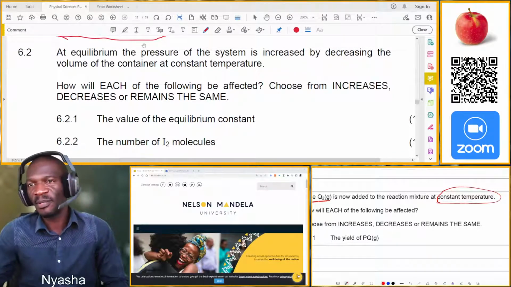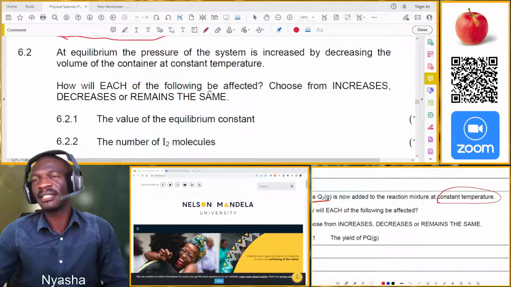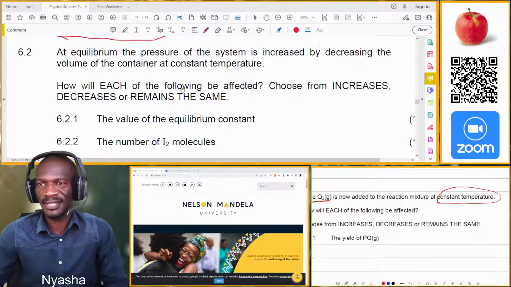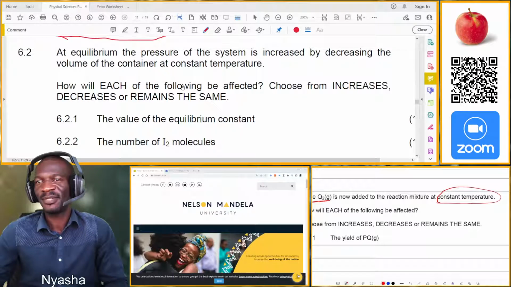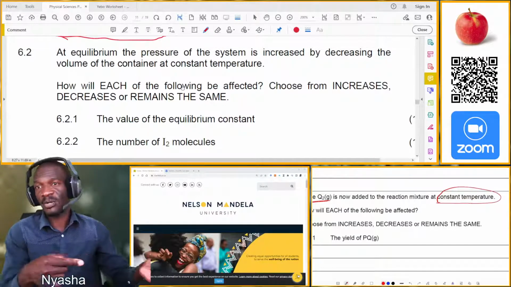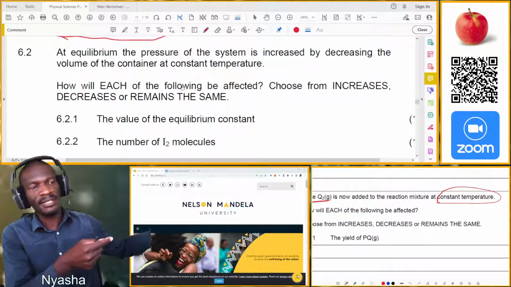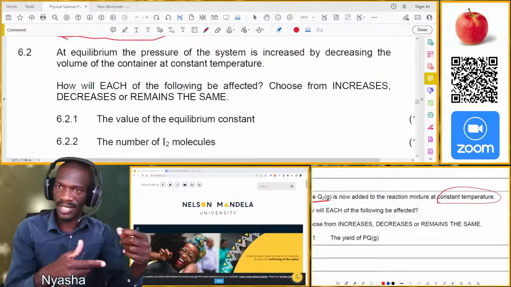Right, so your PQ in this case, by adding more of the reactants, it's obvious you're increasing the yield, isn't it? You're just adding more species, right? The reaction will take itself to equilibrium. This is a dual process. So this chemical reaction occurs in the forward and the reverse, right?